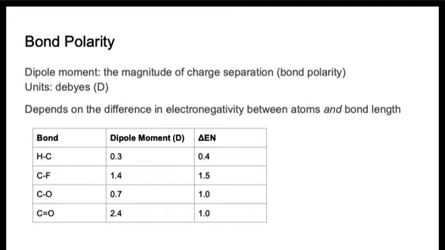There are 2 factors that go into the calculation for dipole moment, and they are the bond length and the difference in electronegativity between the 2 atoms. This explains why a carbon-fluorine bond has a greater difference in electronegativity than a carbon-oxygen double bond, but it's actually much less polar.